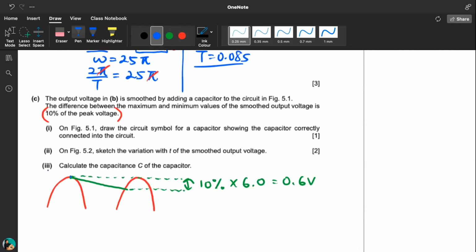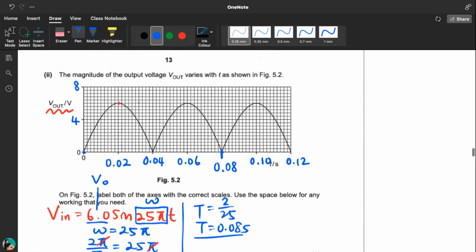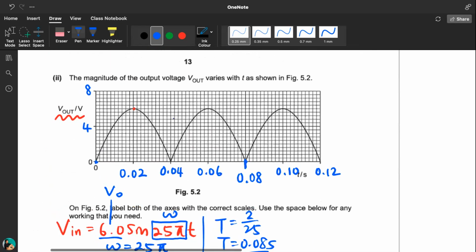So here is 6.0, and then here is 6.0 minus 0.6, 5.4 volt. Okay, so let's sketch it in the graph, 5.4.